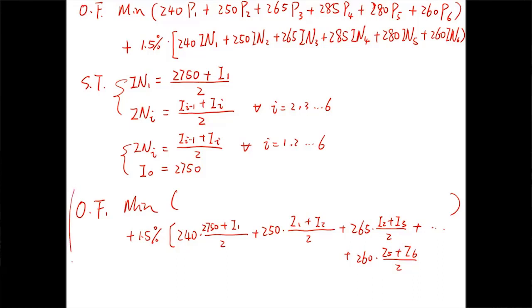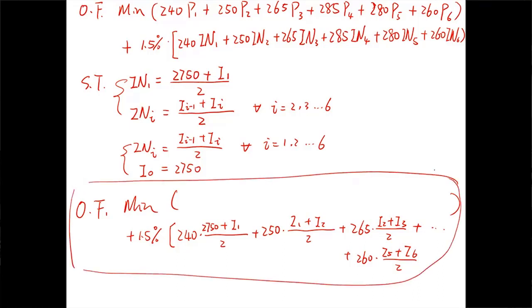Okay, so this part is exactly the same as what I wrote for this entire part. So it just depends on where you want to save some space. Say if you want your objective function to be not that long, then you use a variable to represent this average inventory and just define the average inventory using the variables you define.